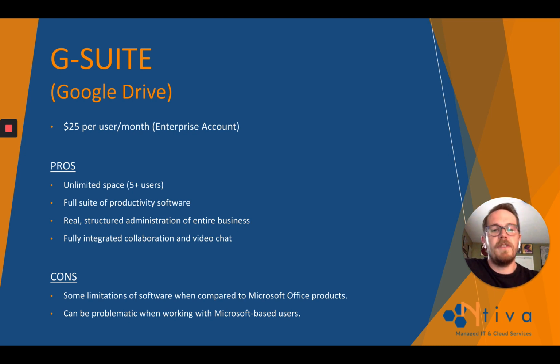If you're concerned about productivity or anything like that, G Suite Enterprise accounts are a good place to look. And of course, the fully integrated collaboration and video chat, with Google Hangouts for, I believe, up to 400 people. It's unreal. You can get your entire team together on video, and you can present documents, edit them, and brainstorm. Really nice feature.